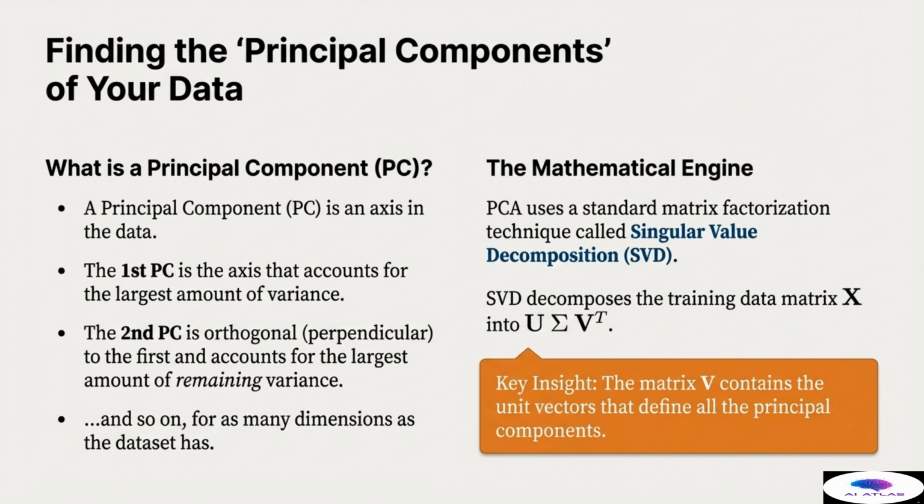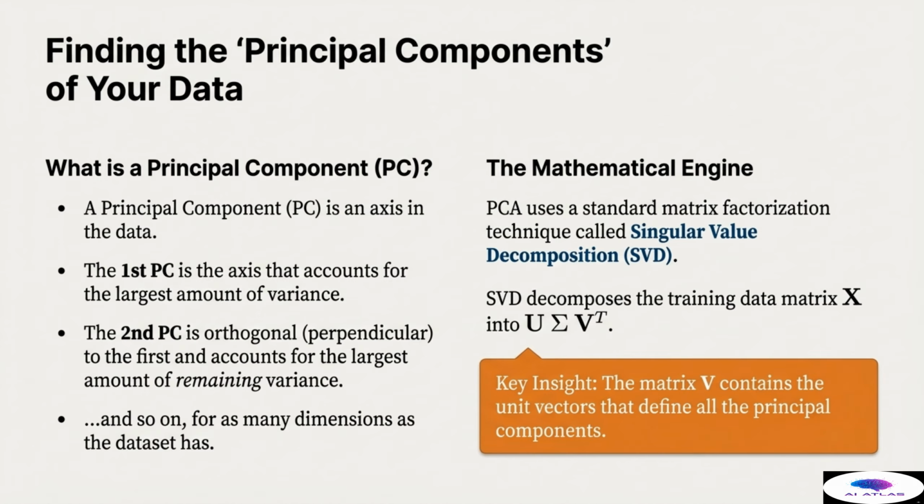To perform dimensionality reduction using PCA, we need to find the principal components, which are the axes that maximize this variance. What is a principal component, or PC? A principal component is simply a unit vector, or an axis, in the data space. The first PC is defined as the axis that accounts for the largest amount of variance in the entire dataset.